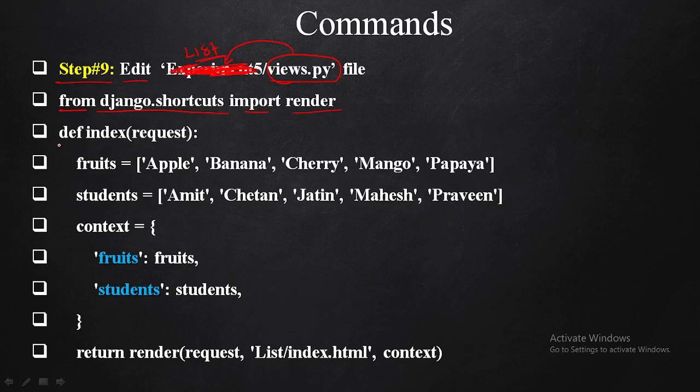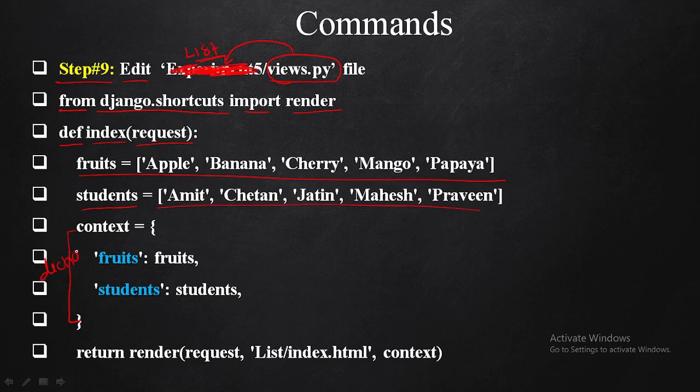So here is a function, def index, with parameter request, and inside that function the first list is created, fruits, then students, the second list, and by using the two lists a dictionary is created.